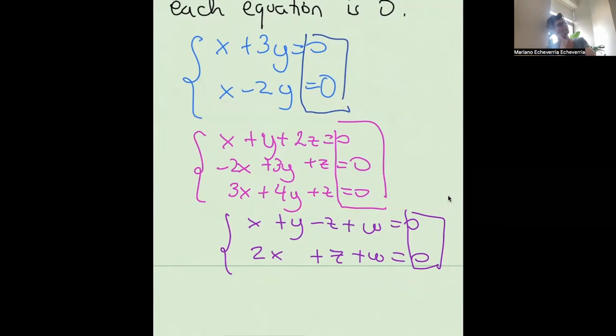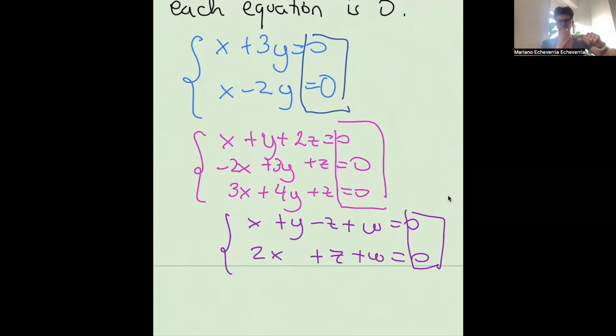What values for the variables might solve them? Sometimes this solution is called the trivial solution because it's the most silly solution you could think about.